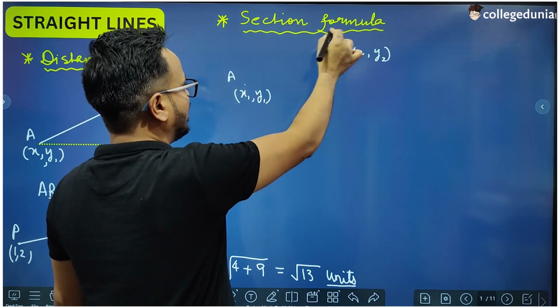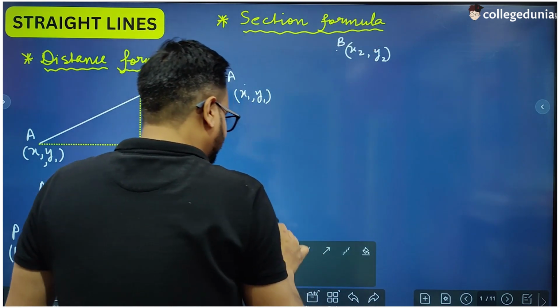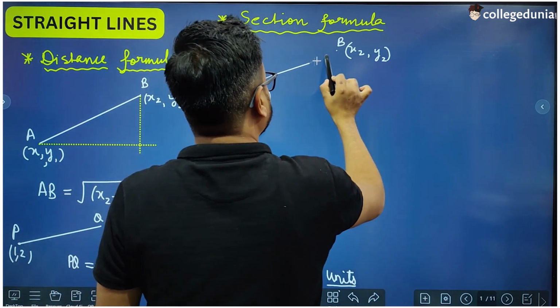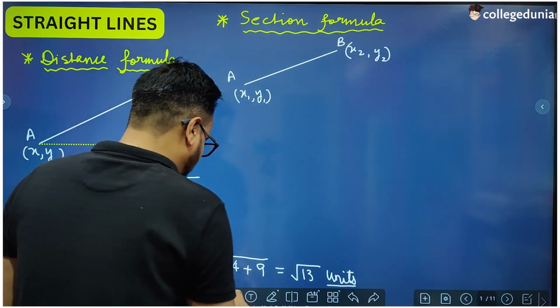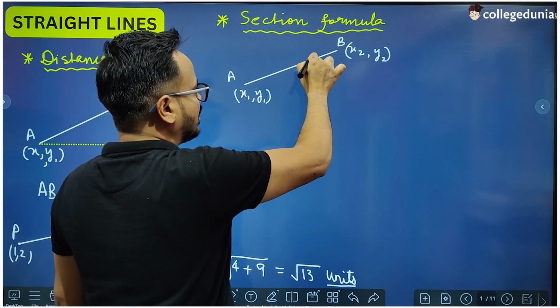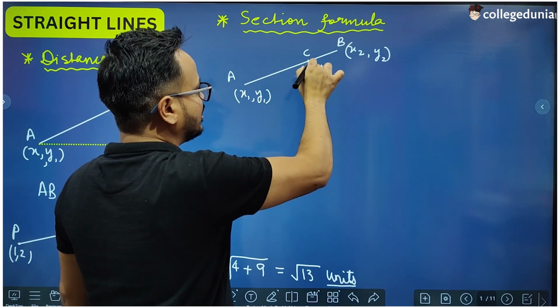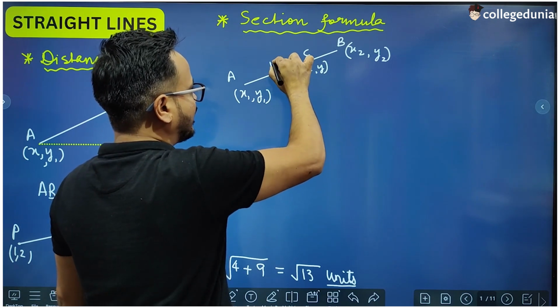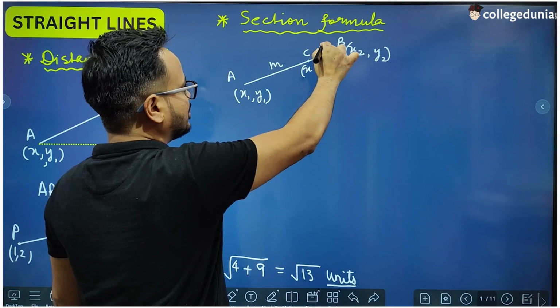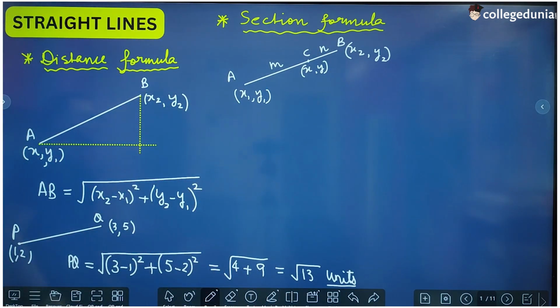Let this point be A and let this point be B. Now this is a line joining the points A and B, and on this line we have a third point C whose coordinates are, let us say, x, y, and this point C divides this line AB in the ratio m is to n.